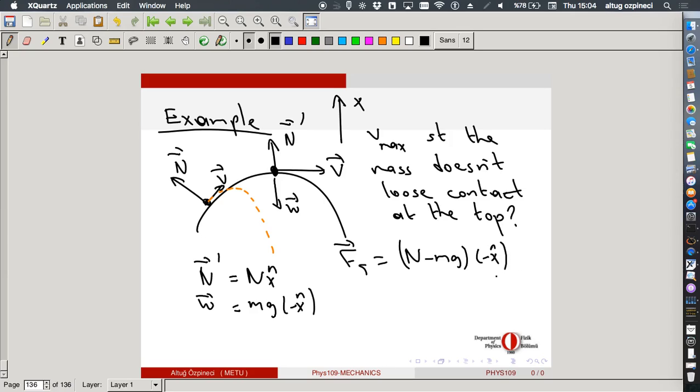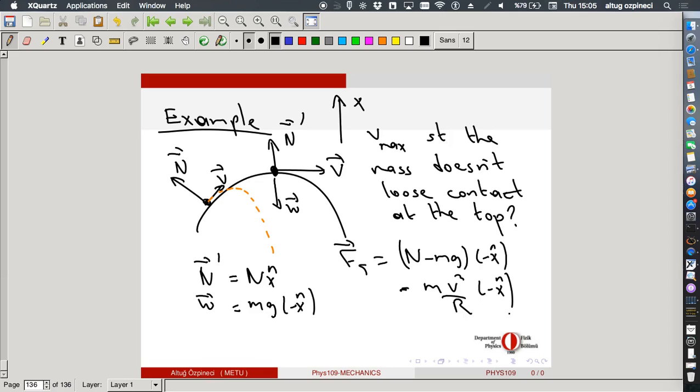And if at that instant we assume that it's making a circular motion with radius r, this should be equal to mv squared over r in the minus x direction. Again, at this instant it's making a circular motion. This r is the radius of the circle. v is the speed at that time.